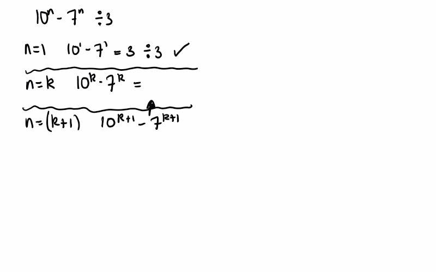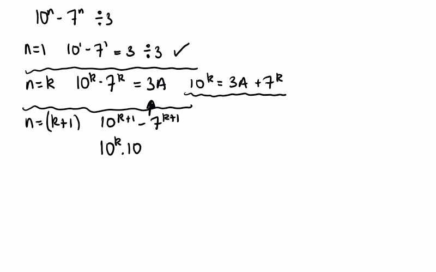So like previous, we can say this is 3 times a number. So 10 to the power of k is equal to 3 times a number plus 7 to the power of k. So this is what's going to help us underneath. So let's see what happens when we simplify this. This is 10 to the power of k by 10 to the power of 1 minus 7 to the power of k by 7 to the power of 1.